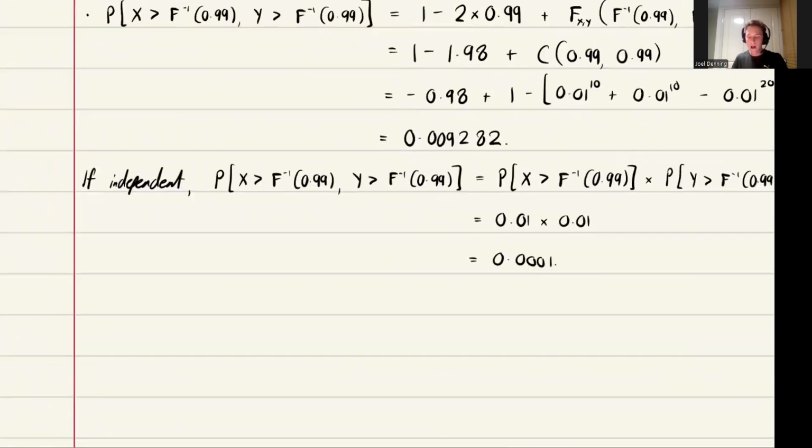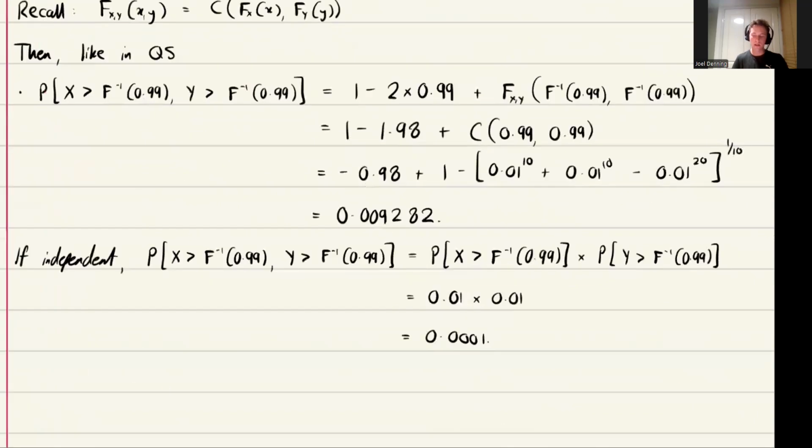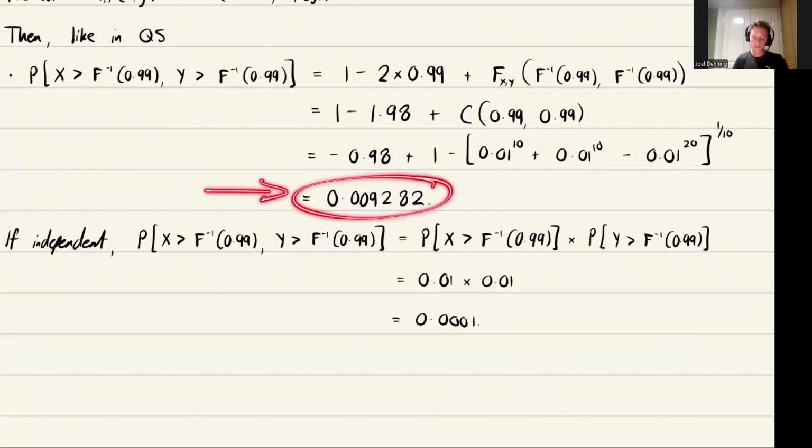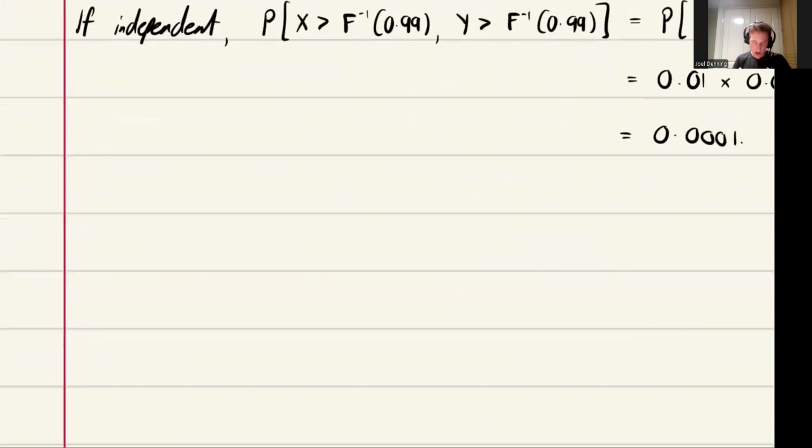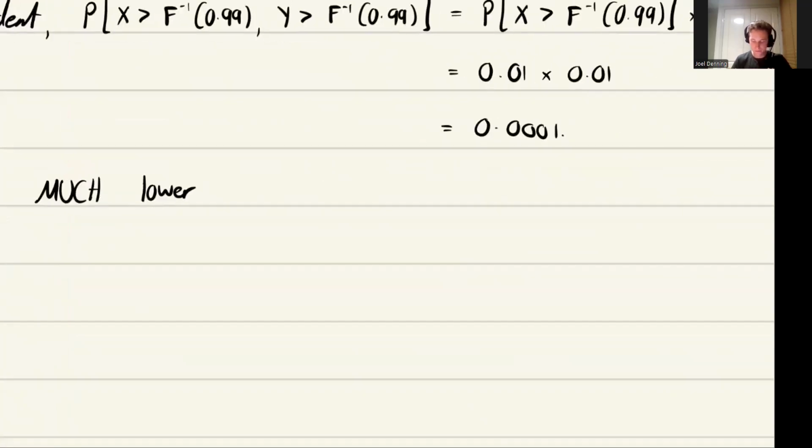If you're not sure how the upper tail dependence here correlates with this probability being almost 100 times bigger than the independence case, Gilly did respond to a question on the discussion forum recently about it. I would recommend giving it a read because it basically explains it really well. But for now, I'm just going to say that this is much, emphasis on much, lower than the theta equals 10 case.